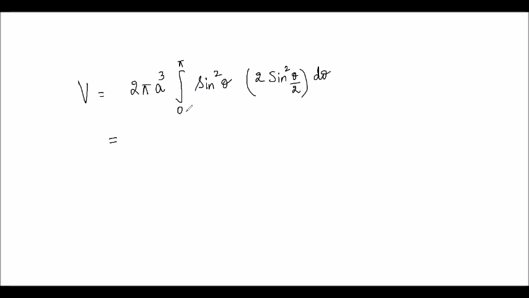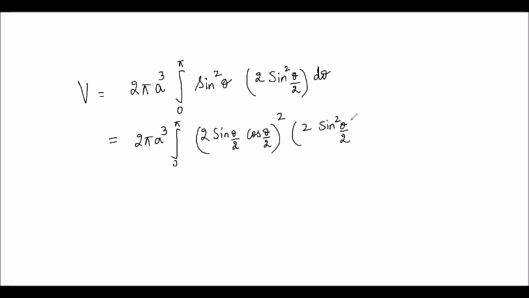If we write sine theta in terms of sine theta by 2 and cos theta by 2 by using the identity of sine 2 theta, we will get 2 pi a cube, 0 to pi, 2 sine theta by 2 cos theta by 2 raised to power 2, and we have this 2 sine square theta by 2.